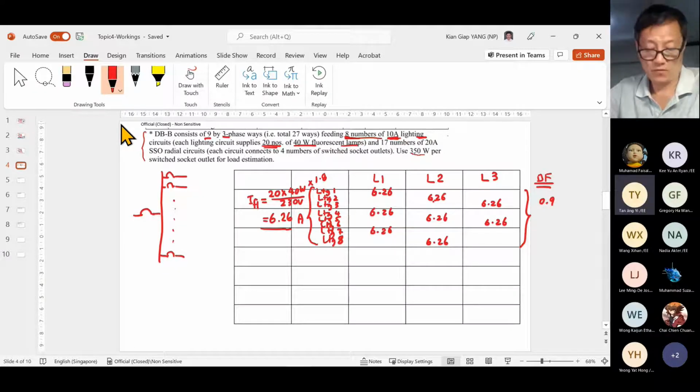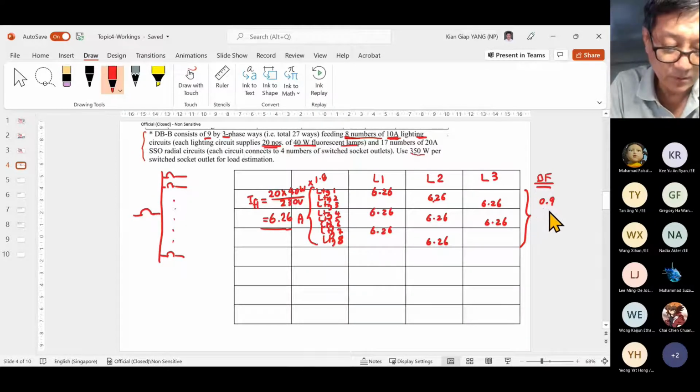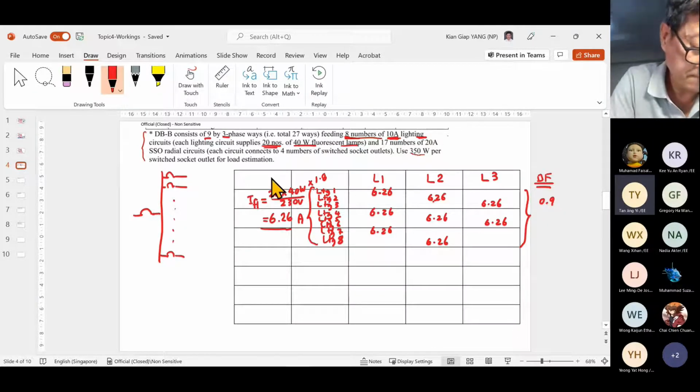Here. Where does the 0.9 come from? The maximum demand, is it? No, 0.9. Where does this number 0.9 come from? Oh, wait. I got no idea. No idea.